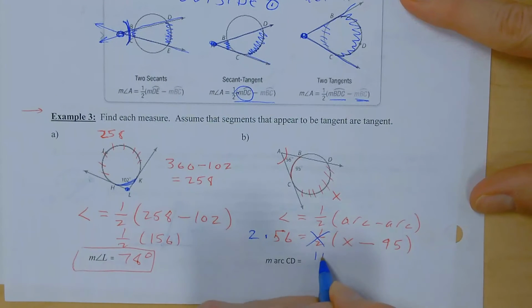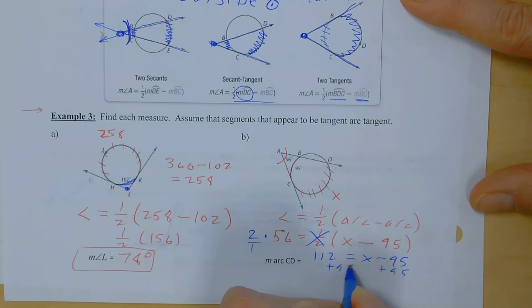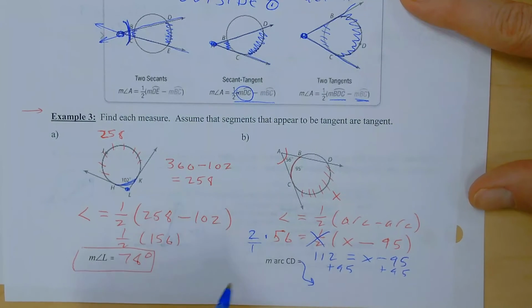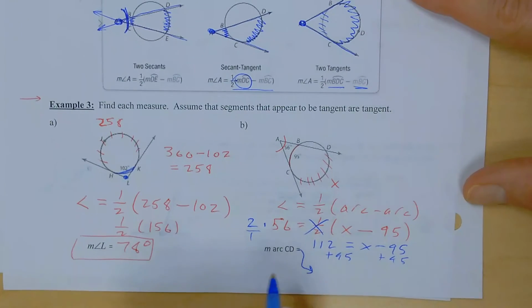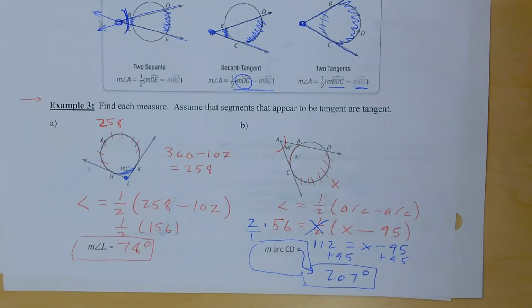And so I'm going to get 112 equals X minus 95. So the 1/2 I multiplied by the reciprocal to move it, and then I'll just add the 95 over. So the measure of arc CD is going to end up being 207 when I add the 112 plus the 95. And that's what I do if my angle is outside the circle.